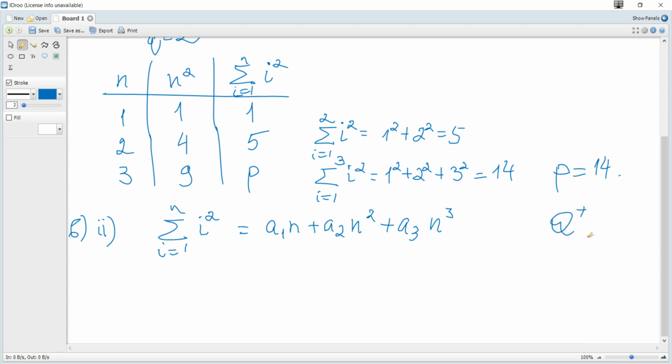What does it mean? It means that they are positive and rational. Rational means that they can be represented as a fraction.